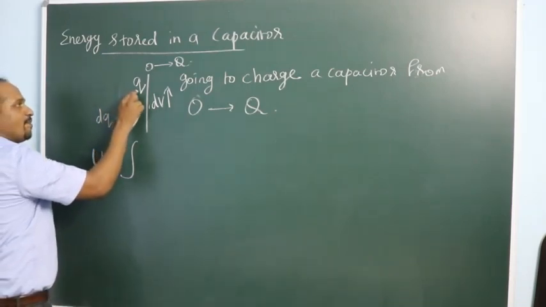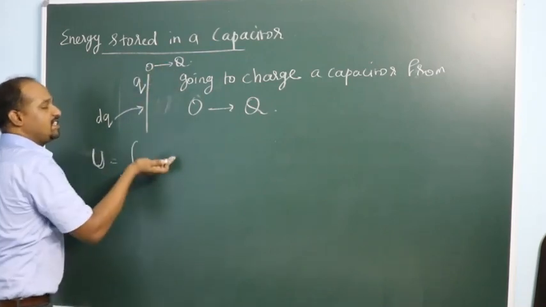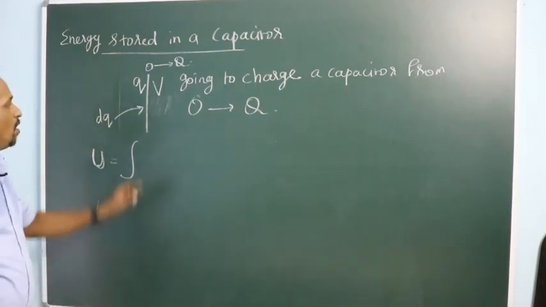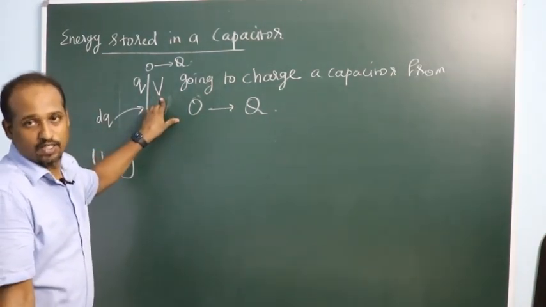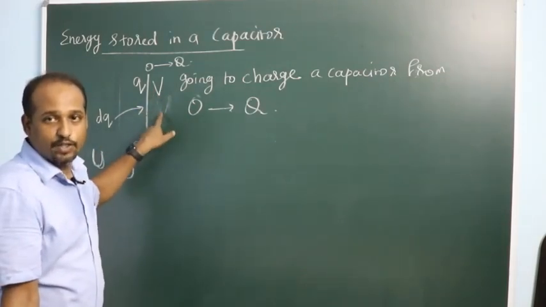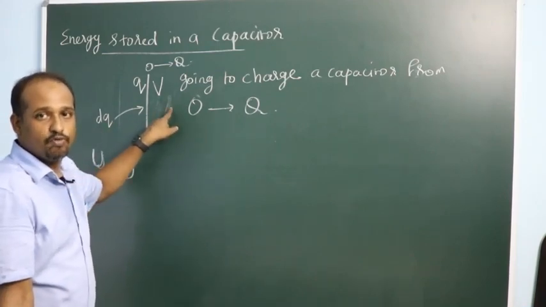When the charge on this capacitor is q, its potential has increased from dV and so on, and finally its potential is V. What is potential V? Potential is the work done to move a unit positive charge. If its potential is V, to add 1 coulomb of charge, you have to do V joules of work. To add 2 coulomb of charge, you have to do 2V joules of work.